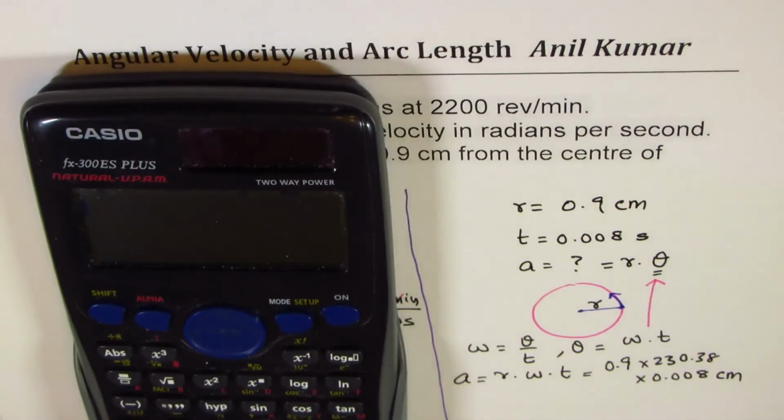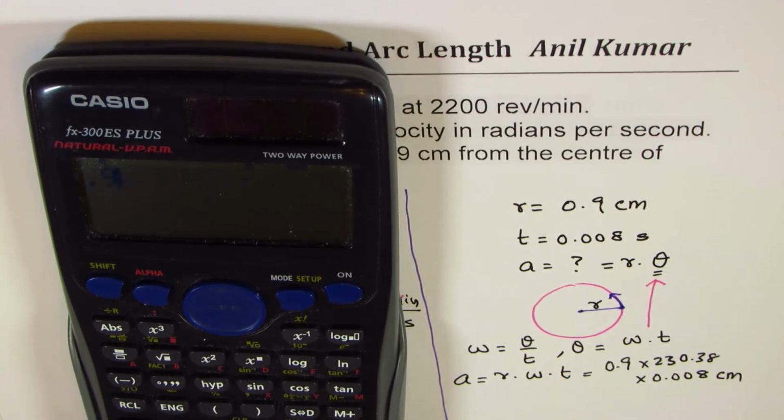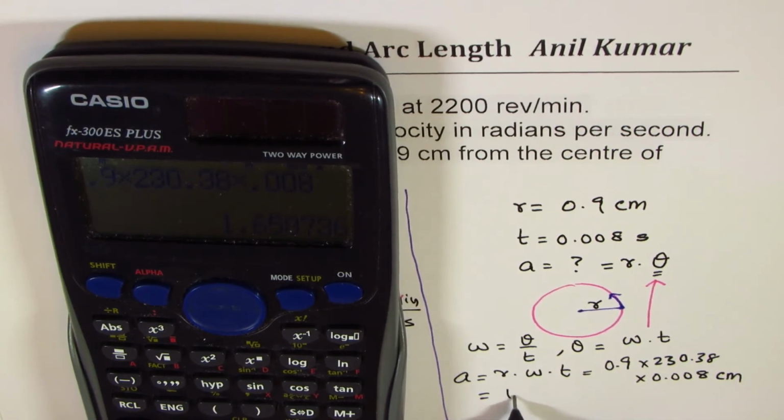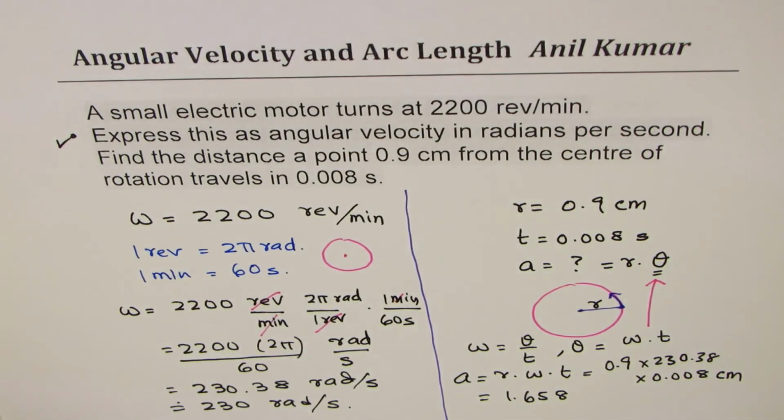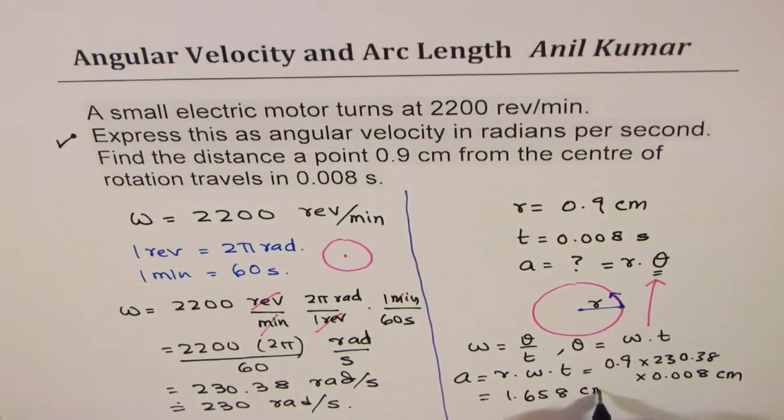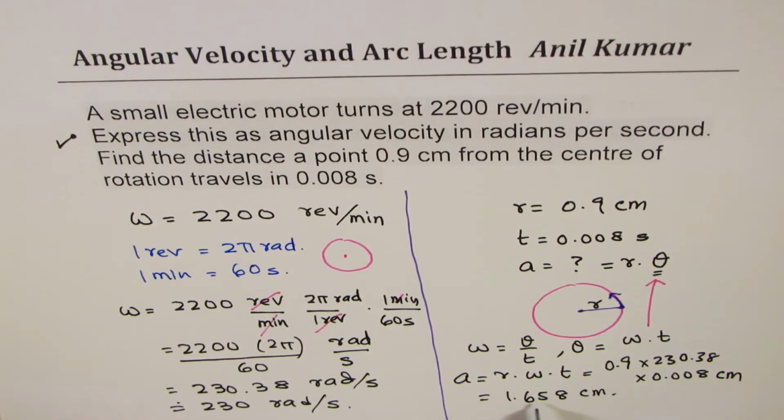So it is 0.9 times 230.38 times 0.008, and that is equal to 1.658 centimeters, correct? Okay. 1.658 centimeters, which you could round to the 100th place if required.